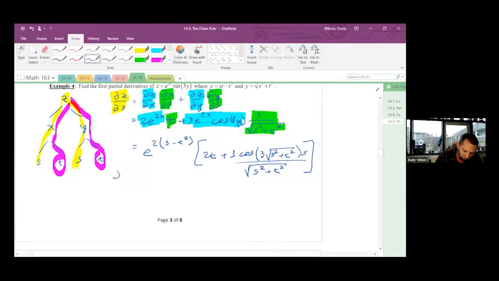So here, the partial derivative of z with respect to t will be the partial derivative of z with respect to x times the partial derivative of x with respect to t, plus the partial derivative of z with respect to y times the partial derivative of y with respect to t. And all this stuff will be the pink partial derivative we're looking for. Notice that the blue parts are actually identical. So we're going to have a 2e to the 2x.